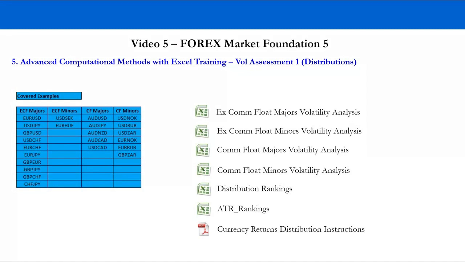And we've now got to a point where we have this tradable set, and the tradable set is defined by 4 different definitions of currencies. We've got our ex-commodity floating majors, our ex-commodity floating minors, our commodity floating majors, and our commodity floating minors. So the first thing to notice is that every currency pair in our tradable set is a floating regime.